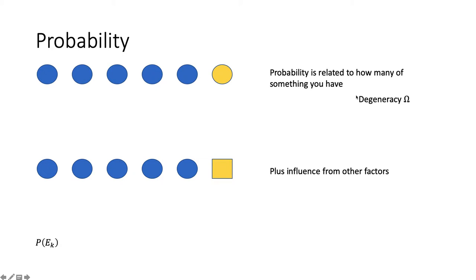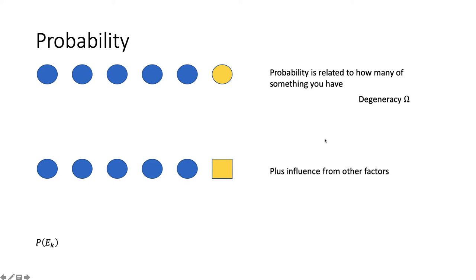So that's where degeneracy comes in, the omega term. If everything is the same, how many of them do you have? But in other cases, we have to count in other influences. Let's say this is not a circle anymore, it becomes a square.